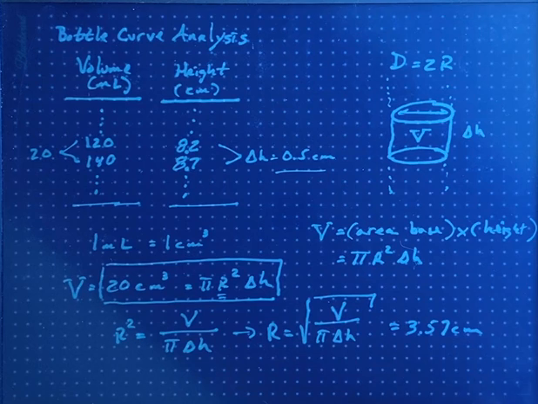That would be the radius of the bottle. The diameter of the bottle is twice the radius, and here I'd multiply this by 2 and then maybe round it off to 1 decimal place, because I don't think I have an experiment that's precise all the way out to the 100th of a centimeter. So if you double this and round it off, I get 7.1 centimeters as the diameter of the bottle at this slice.